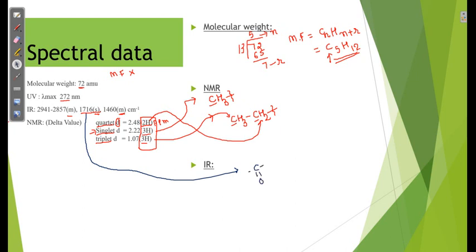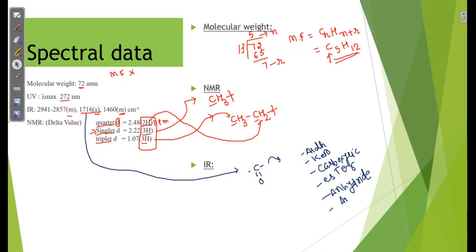There are so many functional groups containing carbonyl: it can be an aldehyde, a ketone, a carboxylic acid, an ester, an anhydride, an amide, or many more.